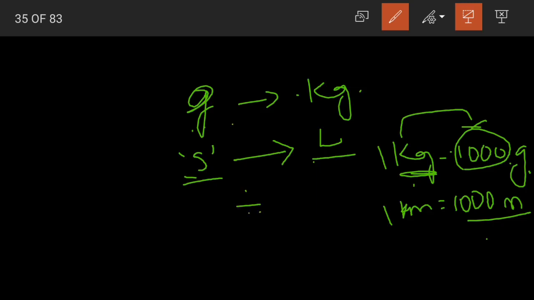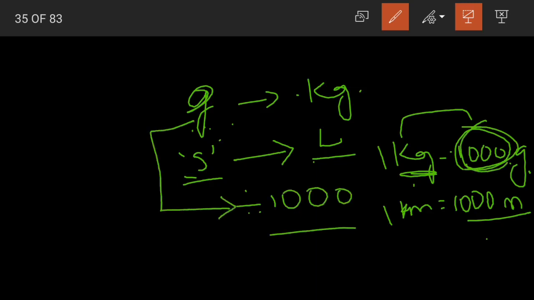What should we divide the given grams by? By 1000. 1 after 1, 3 zeros. We have to divide the grams by 1000 to convert it into kilograms. It is the same procedure that we follow to convert meters into kilometers.